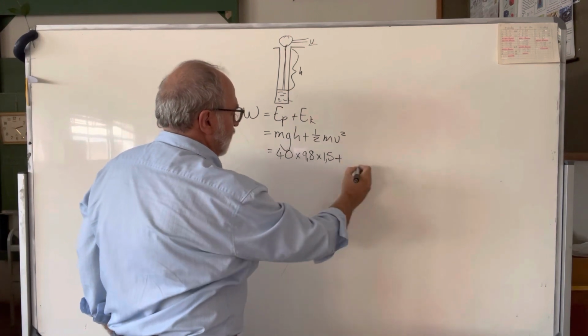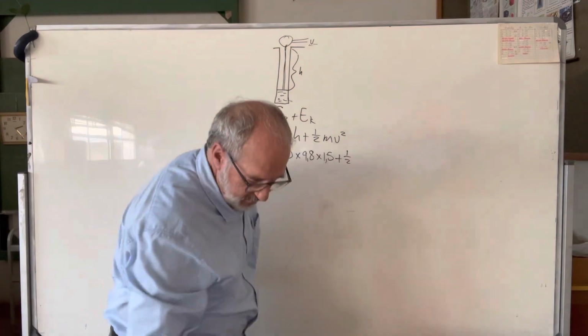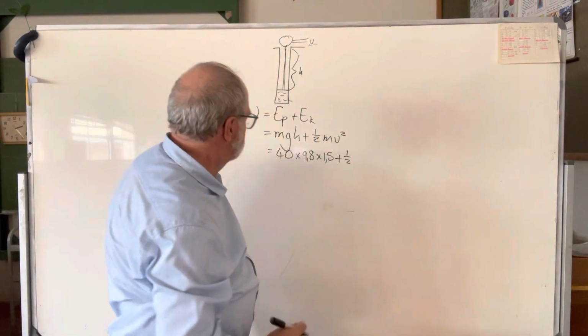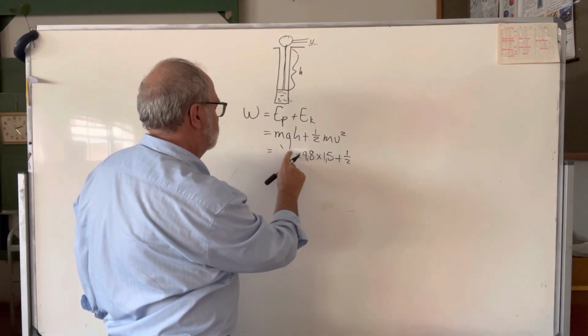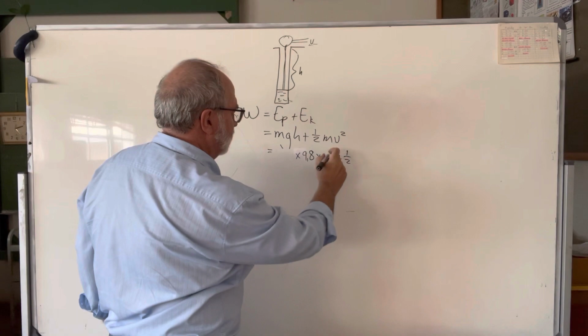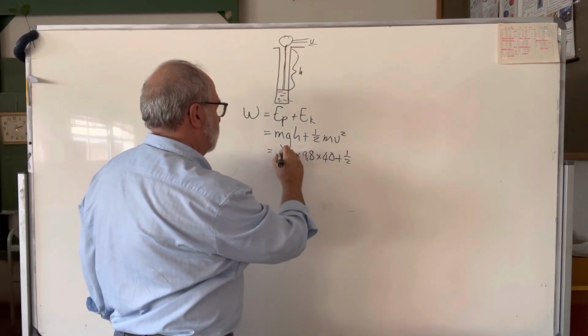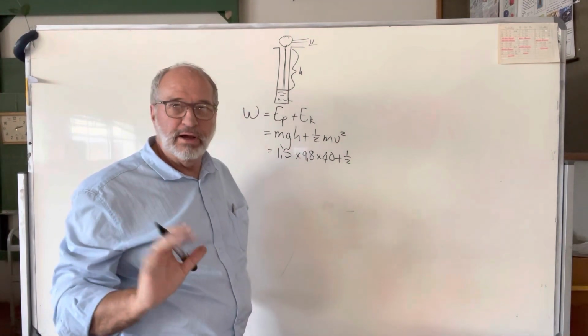Nou om hom weg te kry, half times what's 1,5? Oeps, ek het hier gesê die massa is 40, dis die hoogte. Ek het verkeerd op. Die hoogte is 40, die massa is 1,5. So jy thoroughly confused.